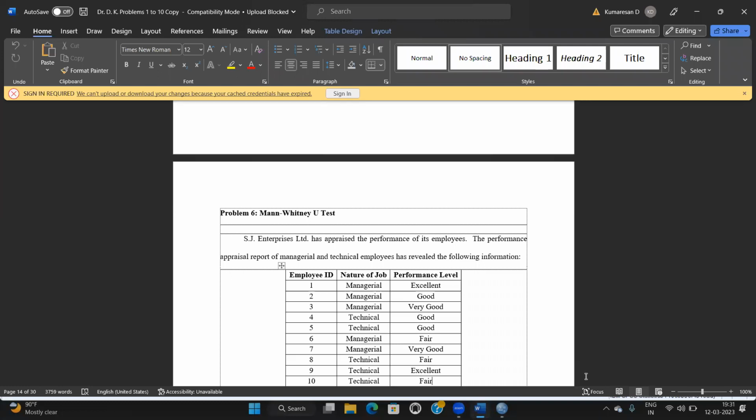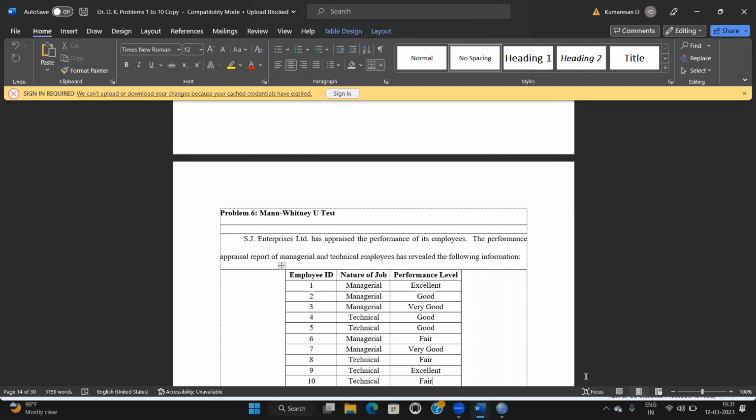If you want to apply the Mann-Whitney U-test, you need not bother about the normality of data. But you have to decide the type of data.